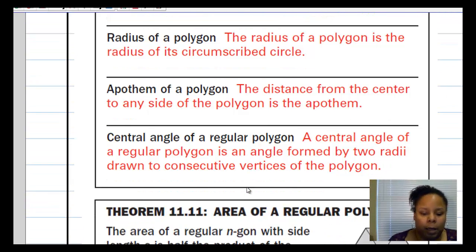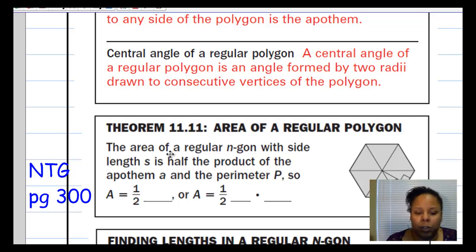So now let's take a look at how to find the area. As you can see, you can find the area of any regular polygon, n-gon, with a side length of S by basically multiplying 1/2 times the apothem times the side length times the number of sides.